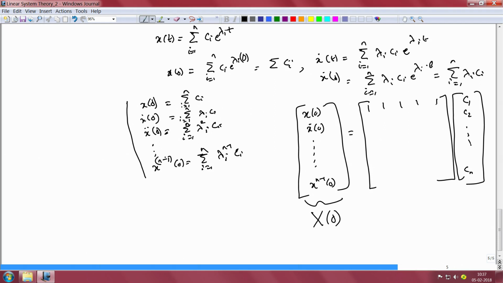The first row is all equal to 1, the second row is lambda 1, lambda 2 and so on, lambda n, the third row is lambda 1 square, lambda 2 square and so on to lambda n square, the last row is lambda 1 power n minus 1, lambda 2 power n minus 1 all the way to lambda n power n minus 1. I shall call the vector of unknowns capital C, and the matrix of lambdas V. There is a special name for this matrix V, it is called the van der Monde matrix.